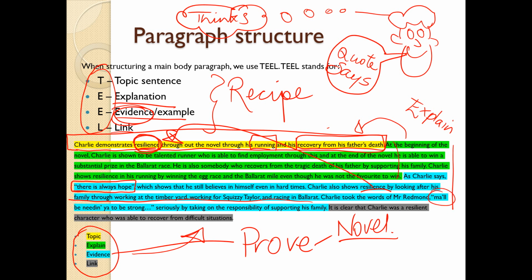Who said it this time? It was Mr. Redman. And then at the end we have what's called a linking sentence: it is clear that Charlie was a resilient character who was able to recover from his difficulties. A linking sentence does exactly what it says. It links all the way back to the topic sentence.